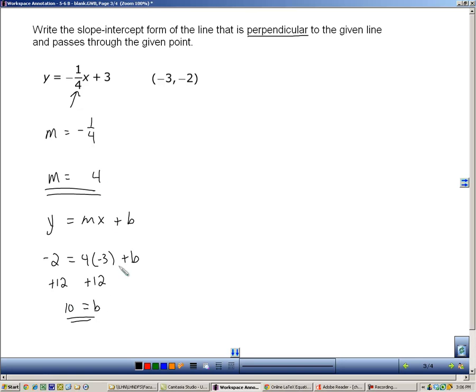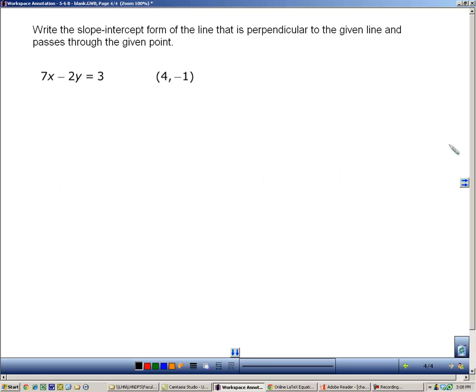So now I have a slope of 4 and a y-intercept of 10. I'll plug those in. y equals 4x plus 10. Now let's check it here. Since my equation is supposed to be perpendicular to this equation, that means the slopes are opposite reciprocals. Well, negative 1/4 and positive 4 are opposite reciprocals, so my two lines are perpendicular.